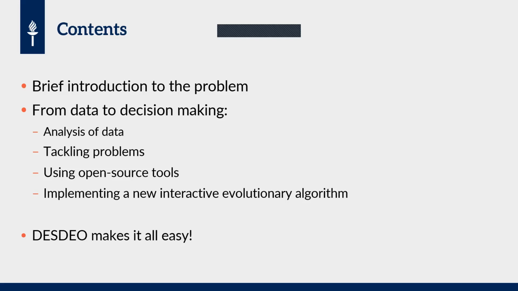We'll start from the data and I will talk more about what the data contains, some problems that arise because of the way the data is presented, how we solve those challenges, and then I will go on to the following steps, talk about the problems that are faced during all of those steps and how we solve those problems. And during all of these steps, I will talk about how we use DESDEO to make solving these challenges even possible in the first place.